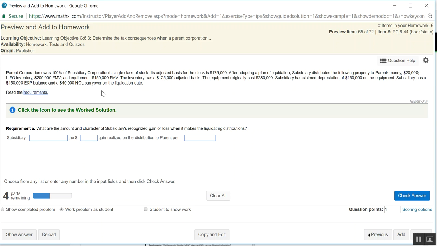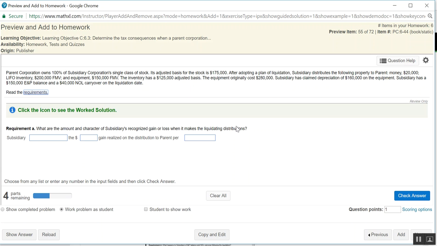And we know that when a solvent subsidiary is liquidating into a controlled subsidiary, i.e. it's 80% or more owned by another company, and here it's owned 100% by the parent corporation, then 332 is going to come into play, and 332 treats the liquidation as a non-taxable event. So having said that, let's go through this problem.